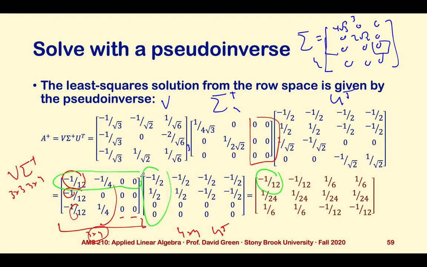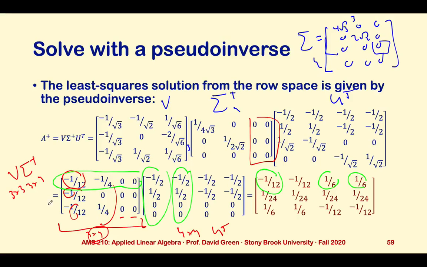The second column, we have the same column here, so it's going to look exactly the same. The third column, we have a negative and a negative, so this is going to give us plus 1 over 24 plus 1/8, which is going to give us 4 over 24, or 1 over 6. Again, these two columns are identical, so these two columns end up being identical.